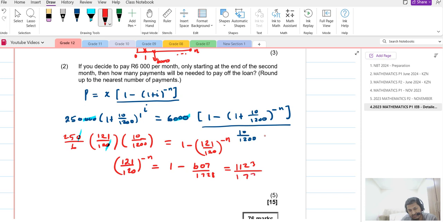So n equals, remember you're going to have negative n, so I'm multiplying both sides by negative, so negative with a log 1123 over 1728 base 121 over 120. So now we're going to get an answer for n.